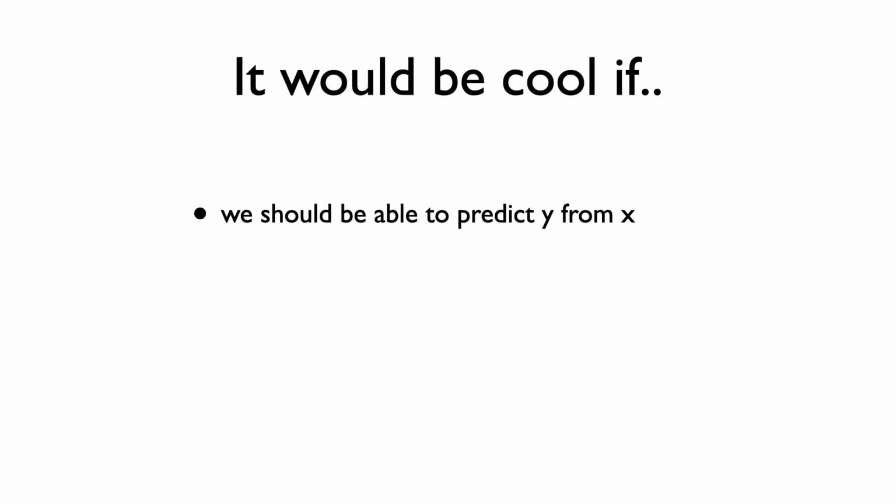Okay. It'd be nice if we could predict y from x. In fact, when you go to a doctor with a new baby, and some of you will have kids at some point in your lives, for the first few months you go every couple of months, and the doctor checks out the kid, and they tell you about the growth.